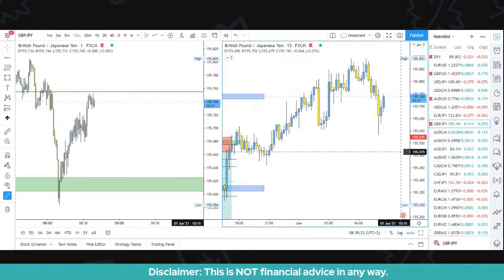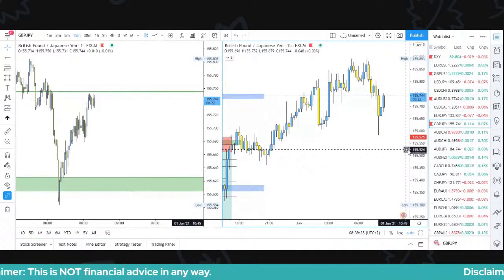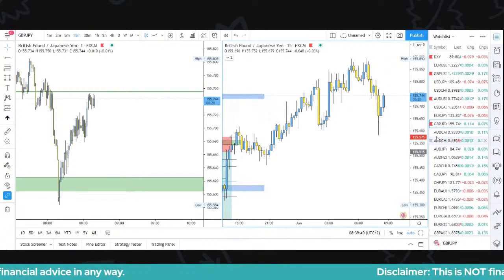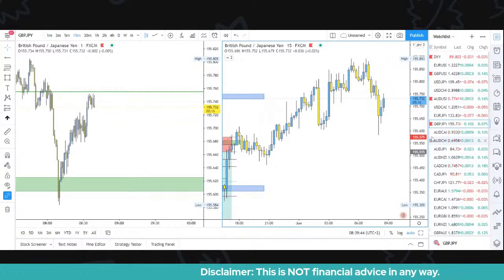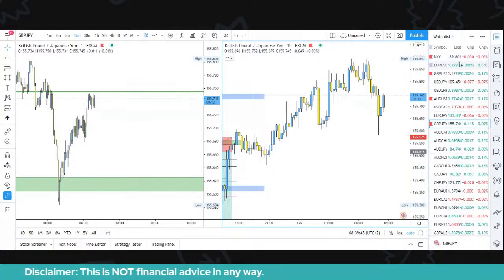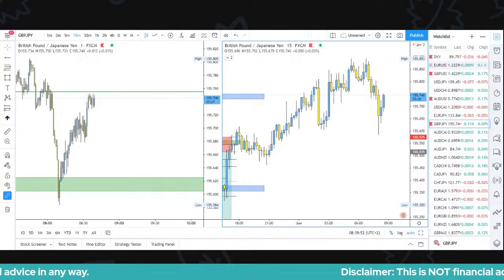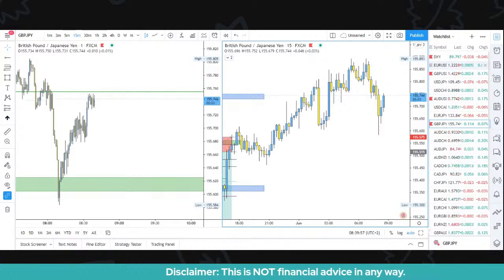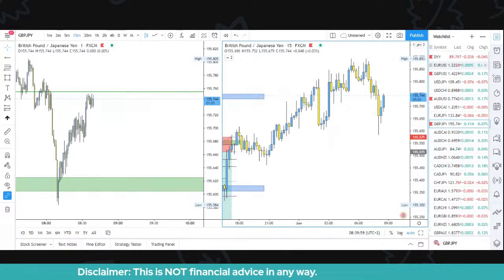Okay, we're currently 0.8 pips, 0.7 pips in drawdown. As I mentioned, my stop loss is 6 pips in drawdown. The minute we go 3 pips into drawdown, sorry, I will then be looking to close this position. The minute we go 6 pips into profit, which is 1 to 1, what I will then be looking for is to go to break even.